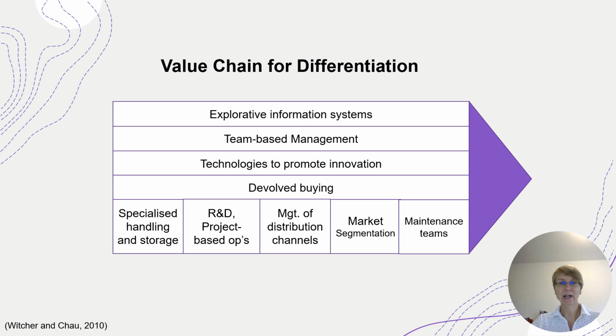And when we look at the value chain for differentiation, you can compare it with the value chain for cost leadership. It looks quite different, and it has to, because here you go for special features, for example, a high quality product at a high price.